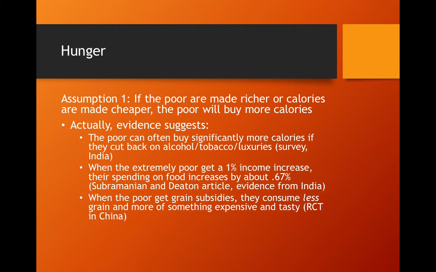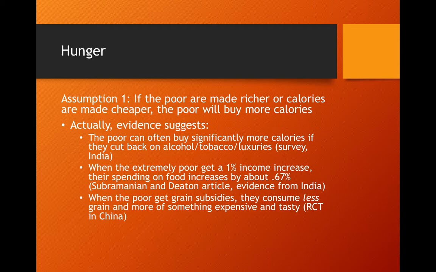And so they buy more meat or shrimp or something like that. So if you give them more buying power, more money, free grains, or a grain subsidy, they're not necessarily buying more grain. They view that as freeing up more money for other things that are more expensive and tastier.